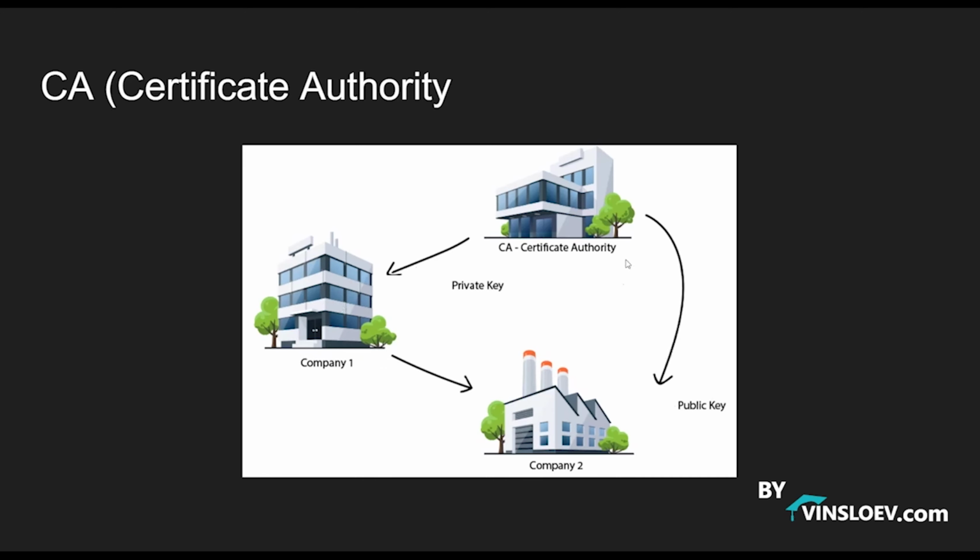So when people are asking for the public key needed to decrypt this, they can trust that we have done our background search such that we know that you are company 1. So company 2 can only decrypt the signed value if it is coming from a valid signature that has been encrypted by the CA. So this is how this goes around.